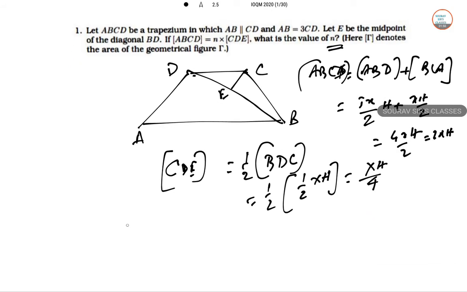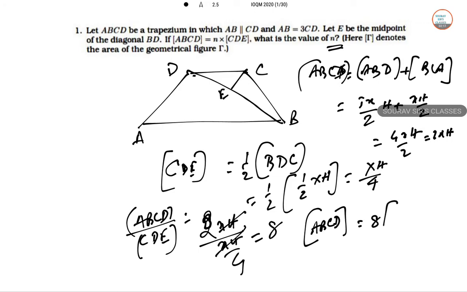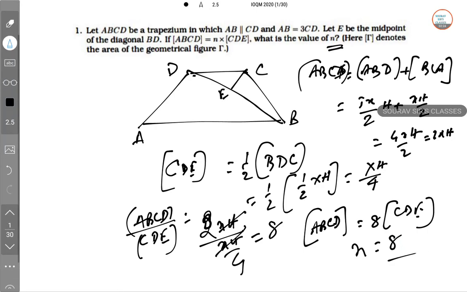So ABCD by CDE, if we compare the areas, this is 2xh by xh by 4, so 8. So ABCD is 8 into CDE, hence n equals 8. That's the first question. Let's go to the second one.